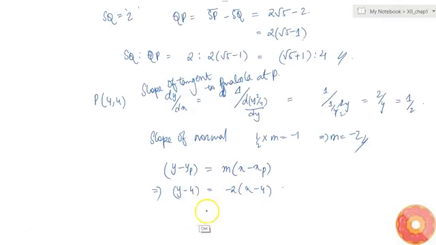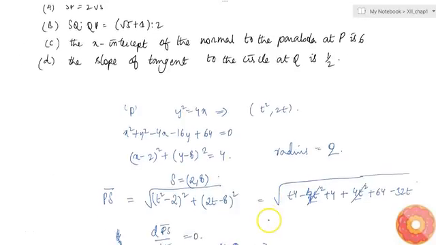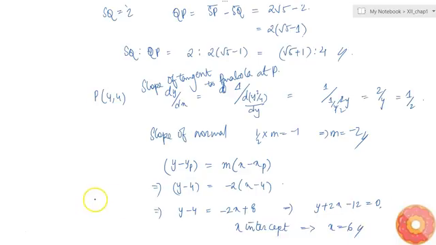So y minus 4 is equal to minus 2x plus 8. That implies the given line is y plus 2x minus 12 equal to 0. So the x-intercept is simply given by putting y equal to 0, and we get x is equal to 6. Option C says the x-intercept is 6, so C is correct.